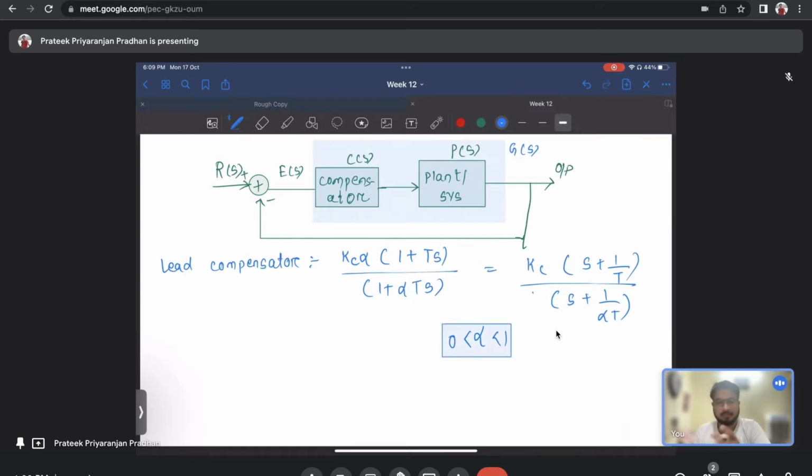This is the lead compensator transfer function.